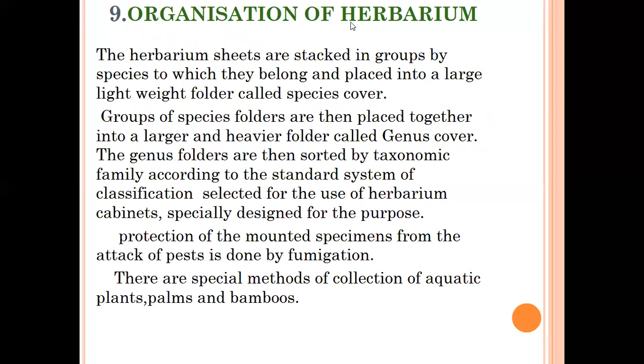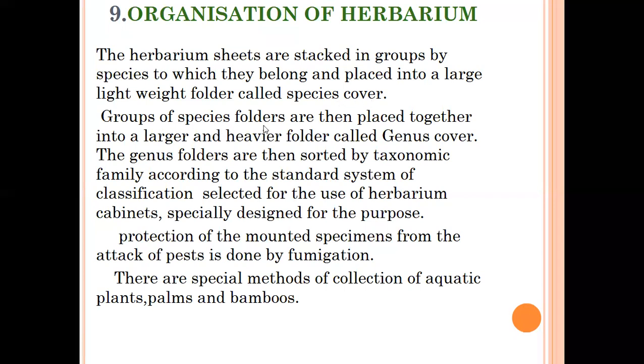The organization of the herbarium is the ninth step. The herbarium sheets are stocked in groups by the species to which they belong and placed into a large lightweight folder called a species cover.